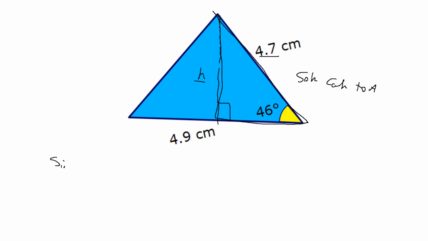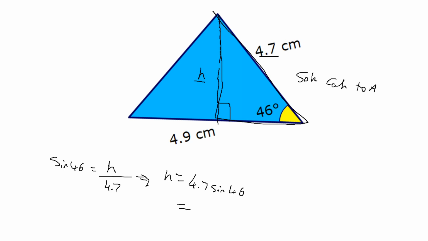So sine 46 is just going to be equal to the opposite height over the hypotenuse 4.7, which means that h is going to be 4.7 times sine 46.